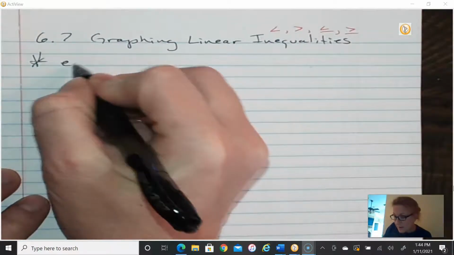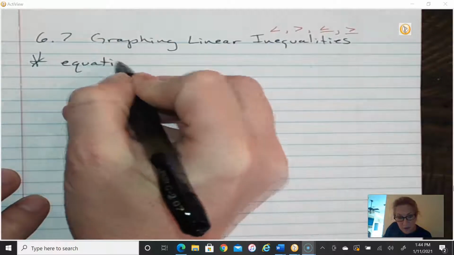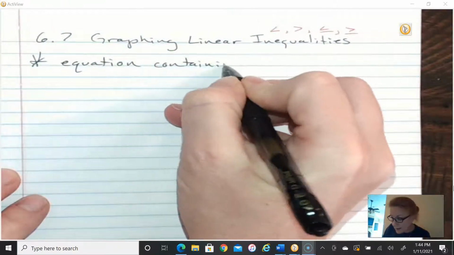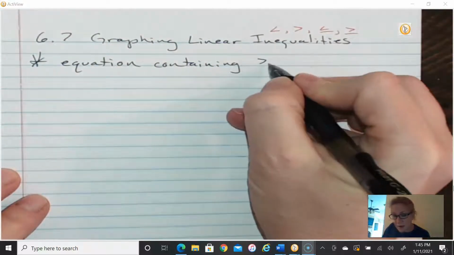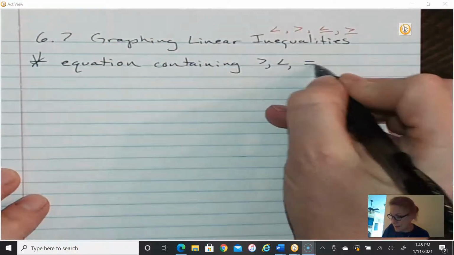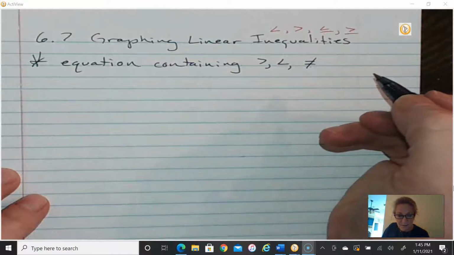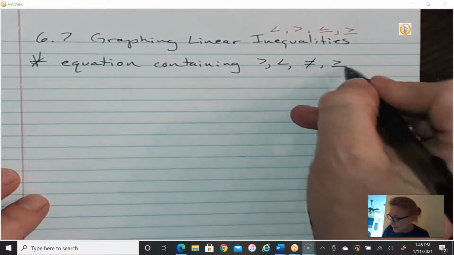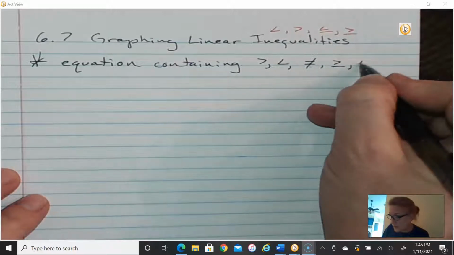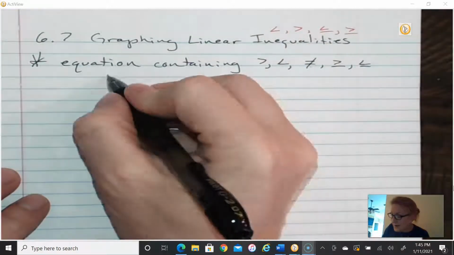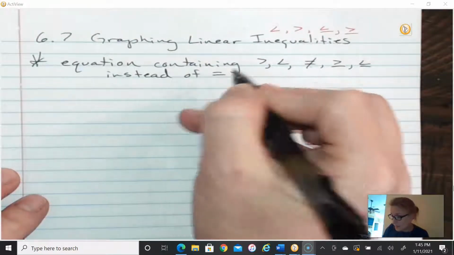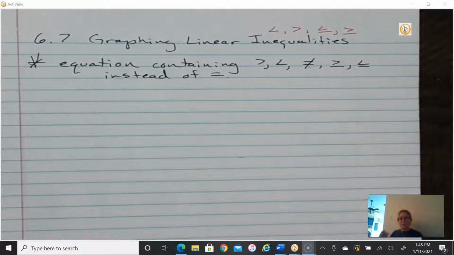So we're talking about an equation containing a greater than, less than, not equal to, greater than or equal to, less than or equal to, instead of the equal sign. Okay? So you're going to solve these exactly the same.